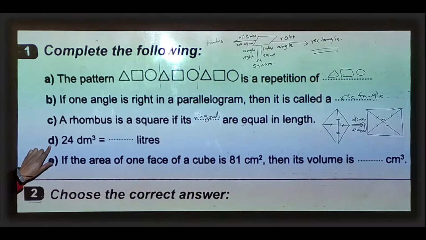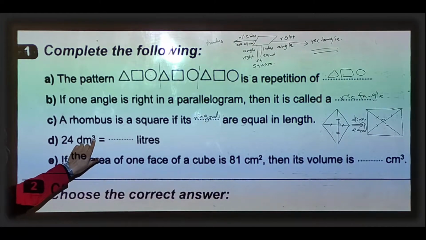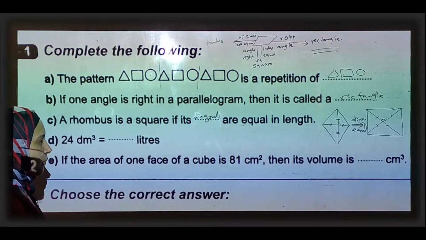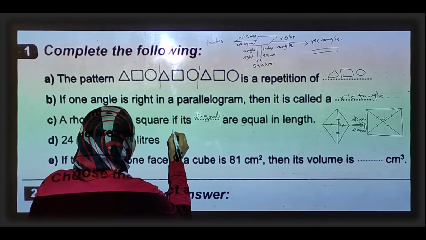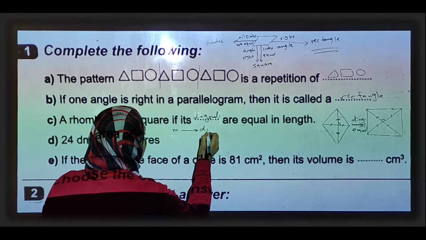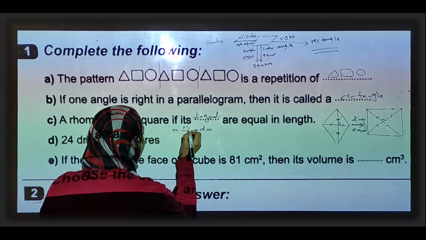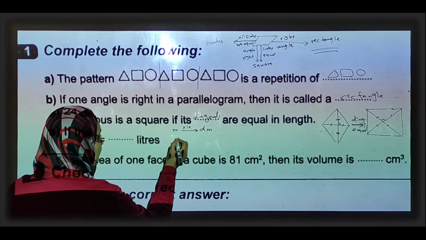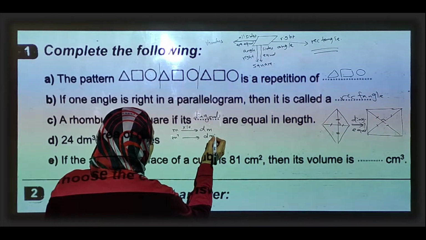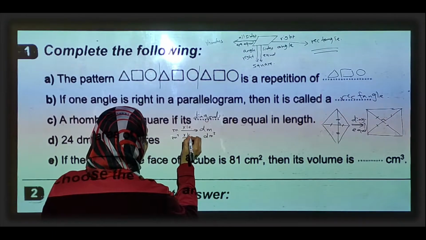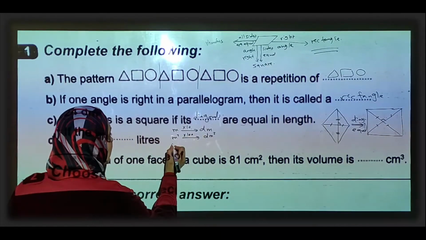Number D, 24 decimeter cube equals what liters? We say from meter to decimeter, we multiply by 10. Meter square converting to decimeter square, multiply by 100.